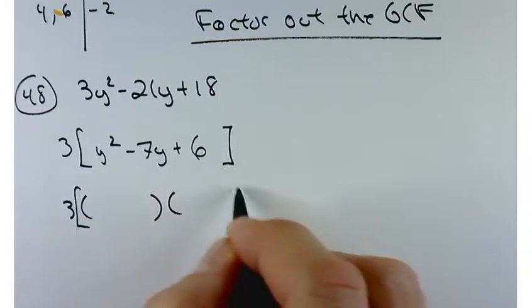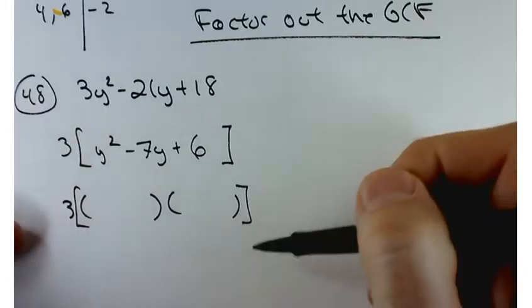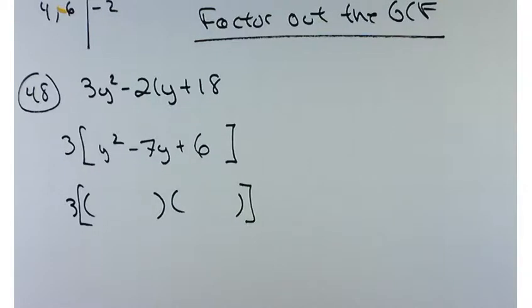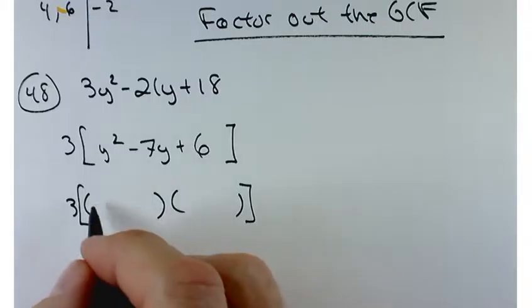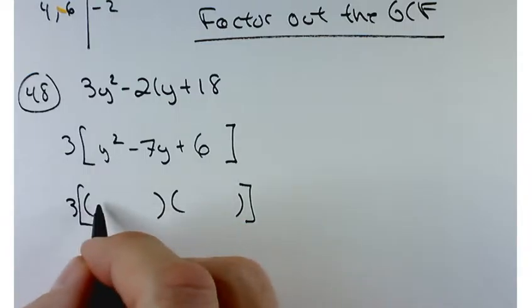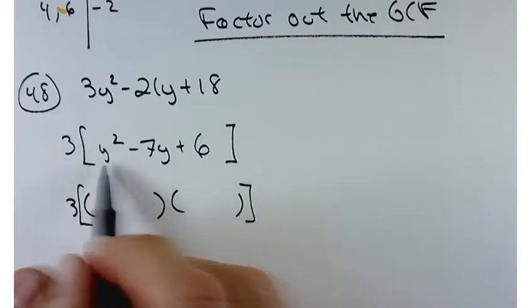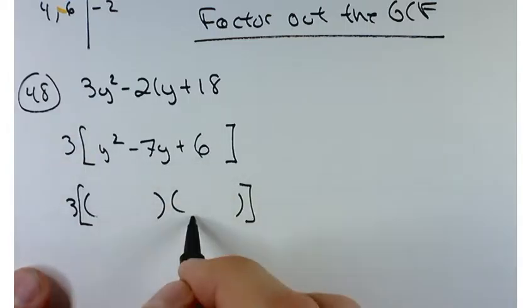Now, I keep the brackets here just to show what I'm doing. But this y squared minus 7y plus 6. Let's see. Madison, up front. What should I start out with in these binomials to factor this? I'm not worried about the 3. If I factor this, how can I begin?